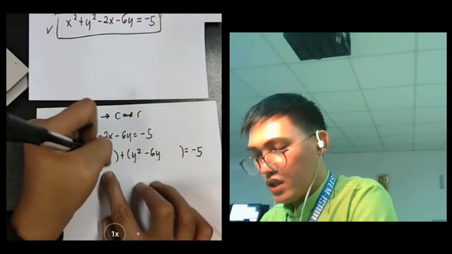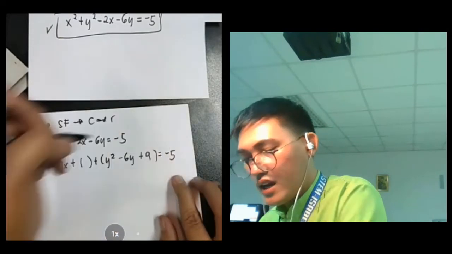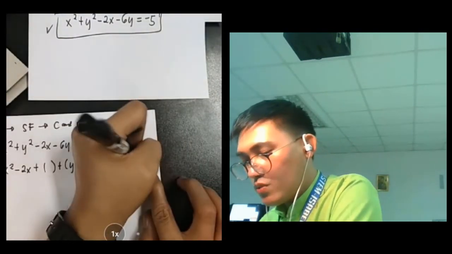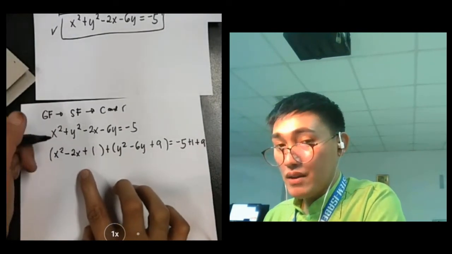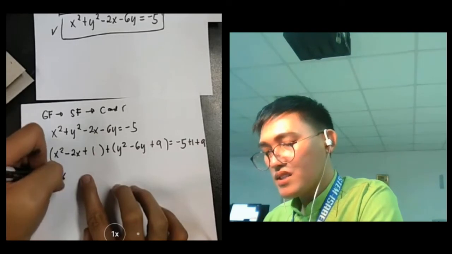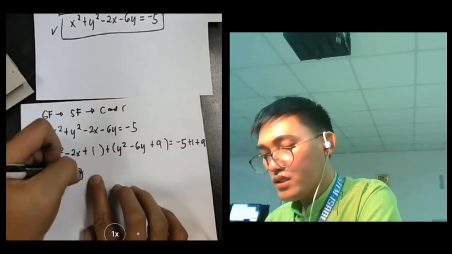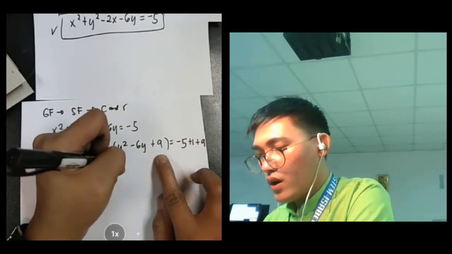So applying the factoring of perfect square trinomial, we have x minus 1 squared plus y minus 3 squared is equal to -5 plus 1 is -4. -4 plus 9 is +5.